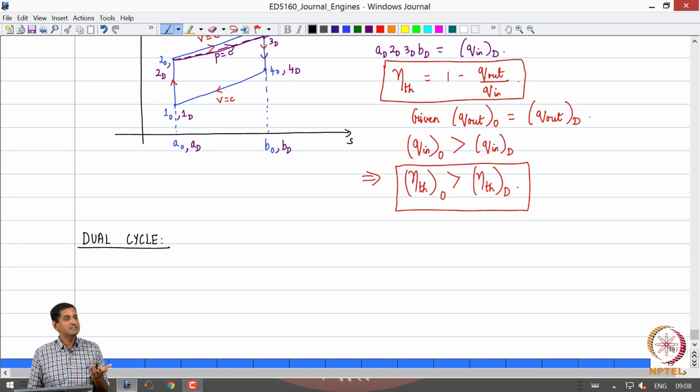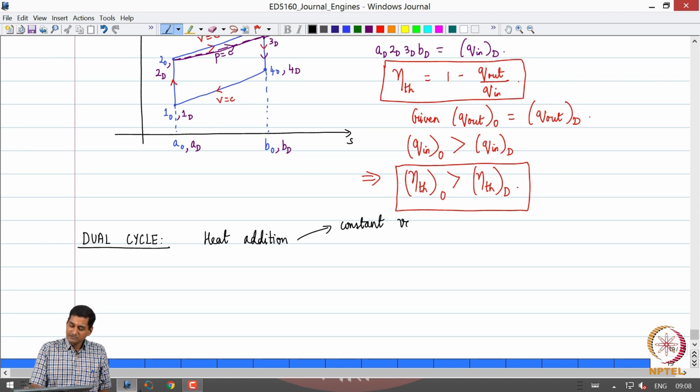So, the question is, if the Otto cycle and the diesel cycle do not approximate the actual cycle well enough, what is an alternative to do a first cut analysis? That answer is the dual cycle. In the dual cycle, we consider that the heat addition process takes place in two phases.